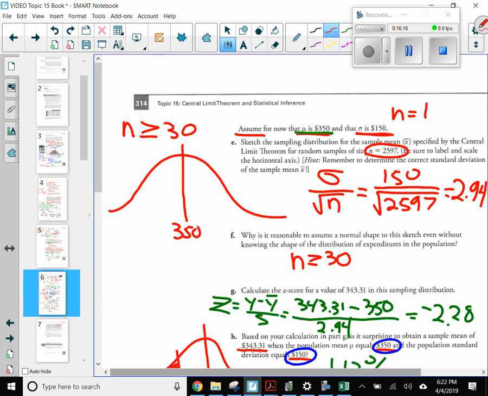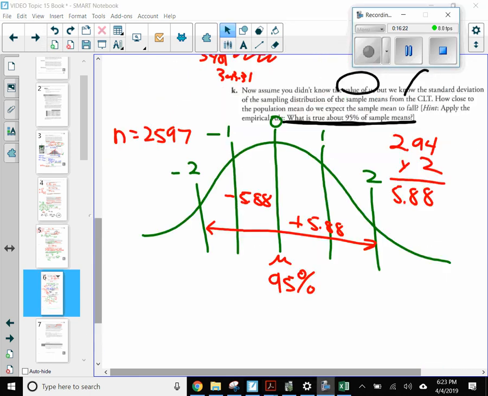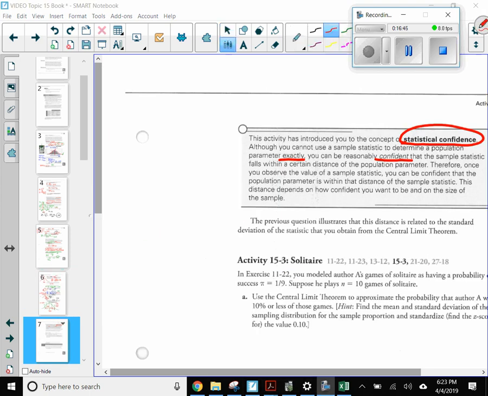We calculated the standard deviation based on the central limit theorem, and we can be 95% confident that the population parameter is going to fall within these two numbers here, the mean plus or minus those two numbers. So once I observe the value of a sample statistic, I can be confident that the population parameter is within that distance of the sample statistic.